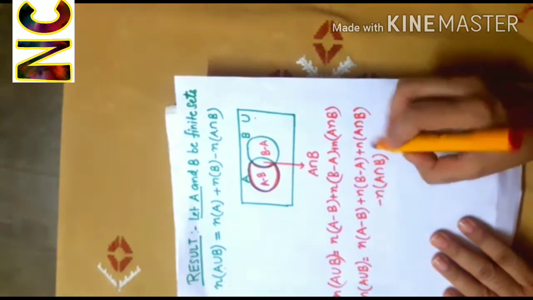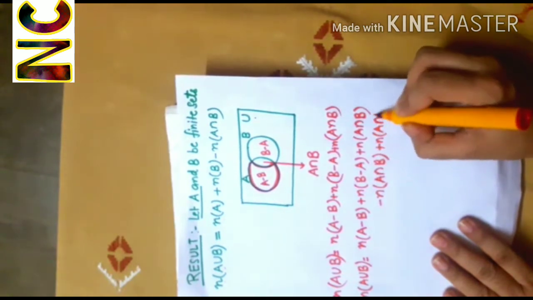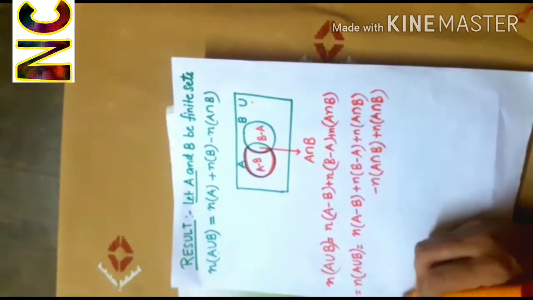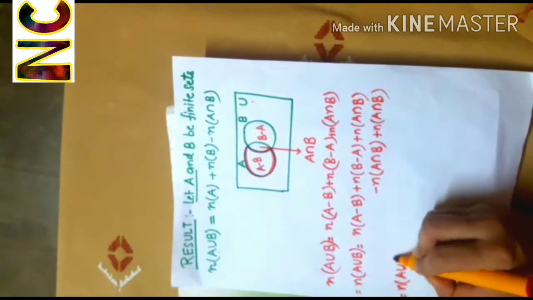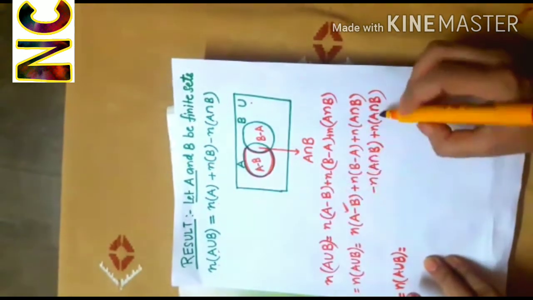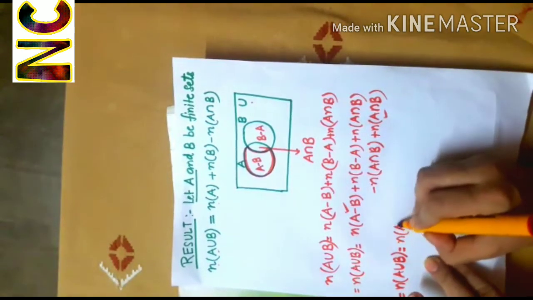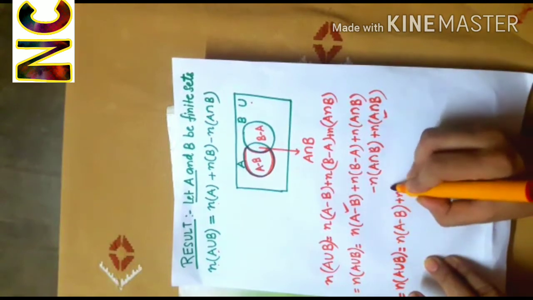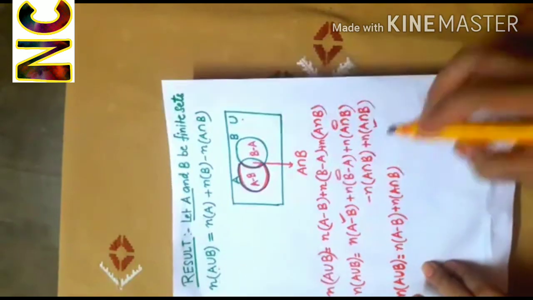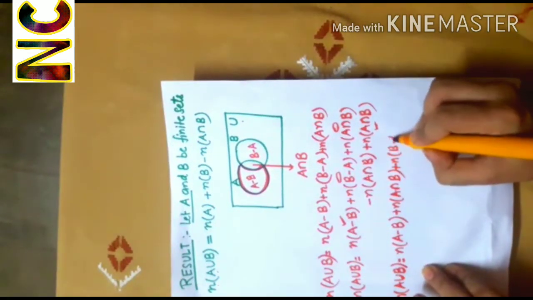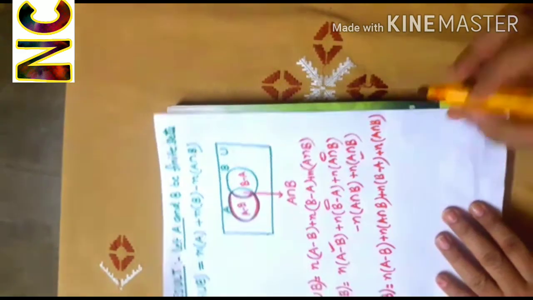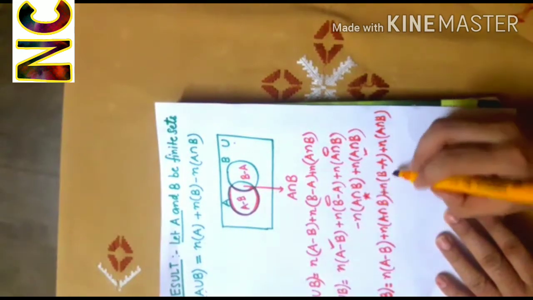I add and subtract the number of elements in A intersection B. Now this is the number of elements in A union B. I rearrange the terms. I take these two: number of elements in A minus B plus number of elements in A intersection B. Then I take these two: number of elements in B minus A plus number of elements in A intersection B, and this as it is.